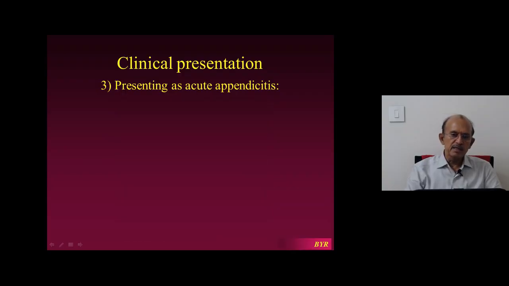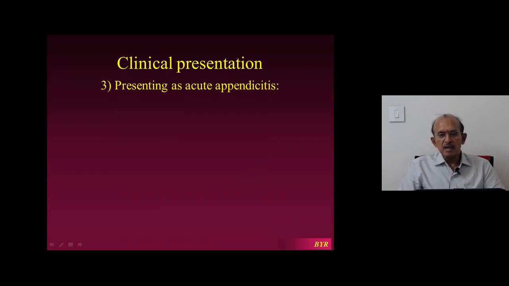How does acute appendicitis present? Tell me. In one of the classes, in the beginning, I told you the clinical manifestations of acute appendicitis. How the symptoms manifest: the first initial symptom is the pain. How does the pain present in acute appendicitis? Where is it felt first, and later where is the pain felt?